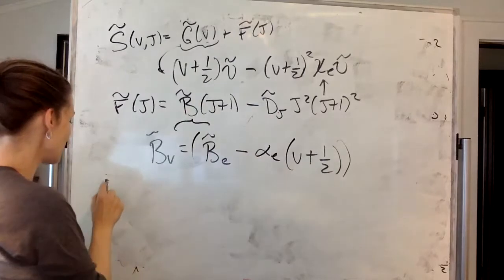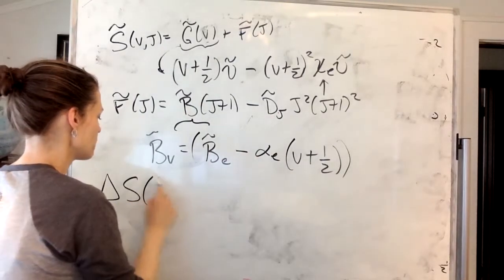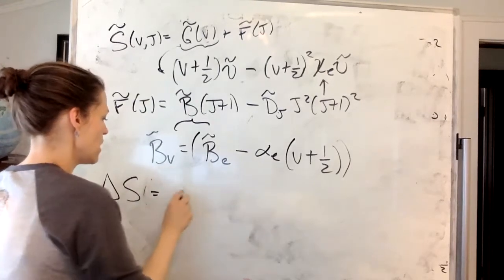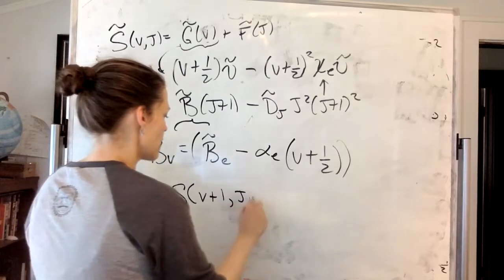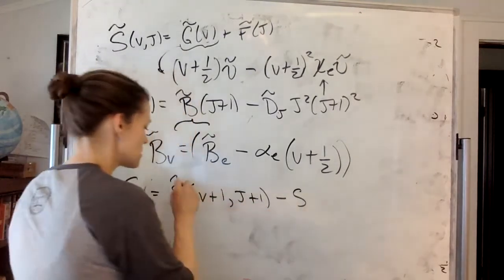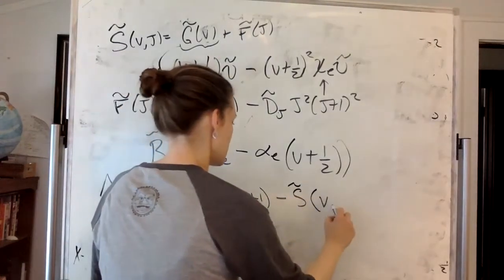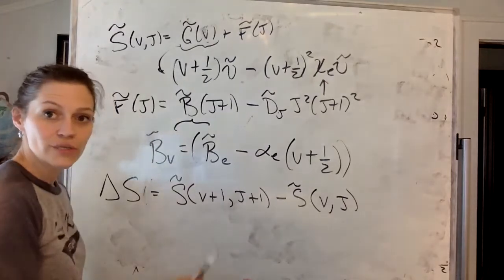So if you were to set this up, you're going to say, okay, delta S, which is equal to S of B plus 1, J plus 1 minus S tilde of B J. Okay, now what you can do is to link these together.